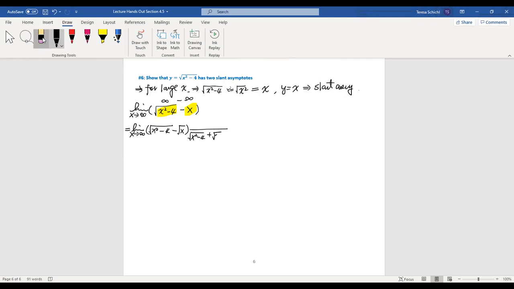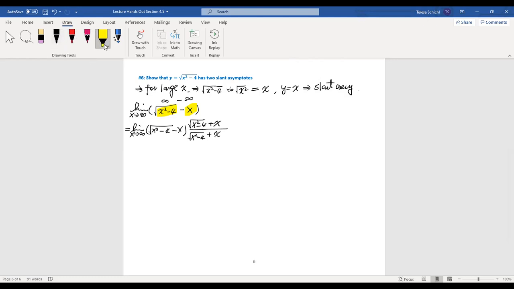So here, this is x. Okay, so I multiply by the conjugate. Here, this is the square root of x squared minus 4 plus x.